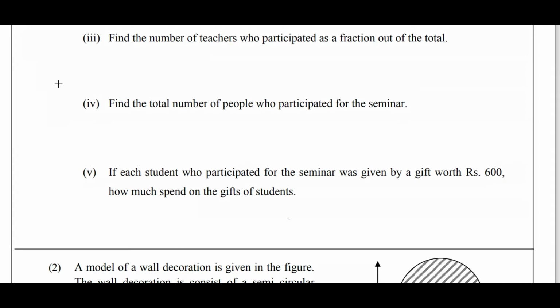First of all, I can find students plus parents. Students plus parents is equal to students 7 out of 15 and parents 2 out of 15. Therefore, the total of students and parents should be equal to 9 out of 15.